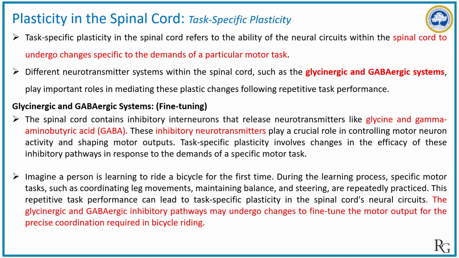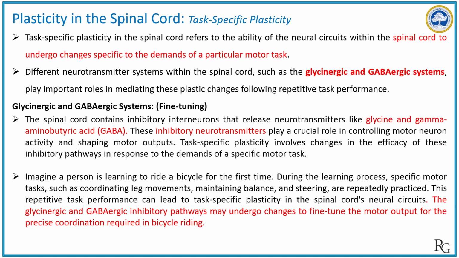Or in other words, as we keep repeating a certain task, the spinal cord learns to fine tune its activity for that particular task. A major role here is played by the inhibitory neurotransmitter system, especially the GABA system.